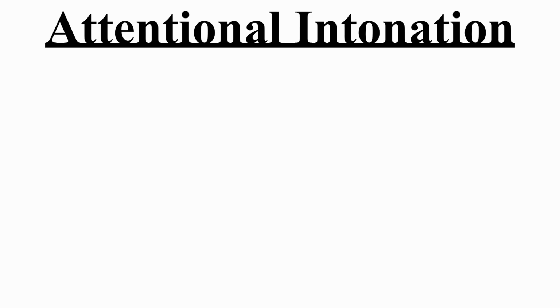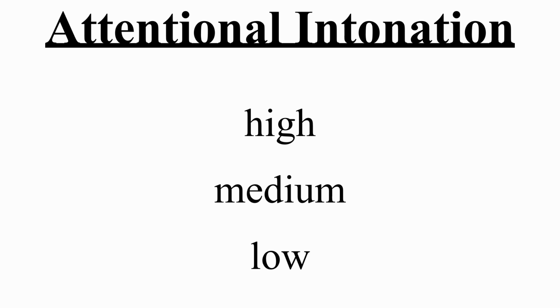But for attentional intonation, we still also get this sort of high, medium, low idea. It's not a rise, flat, fall in attentional intonation. It's different. Stress and intonation are not exactly the same thing, but especially with the way that English works and the way the rhythm works, intonation and stress are tied together.